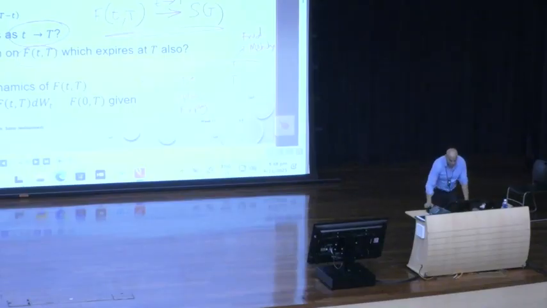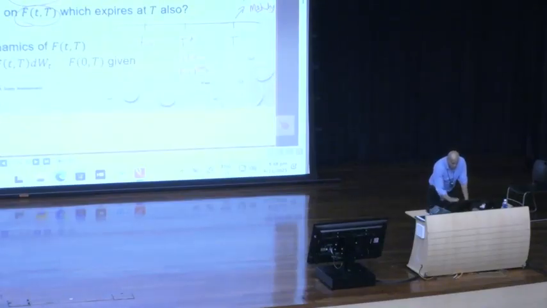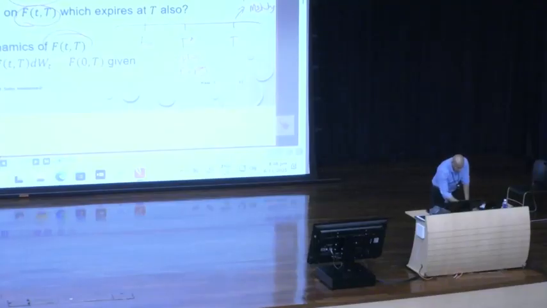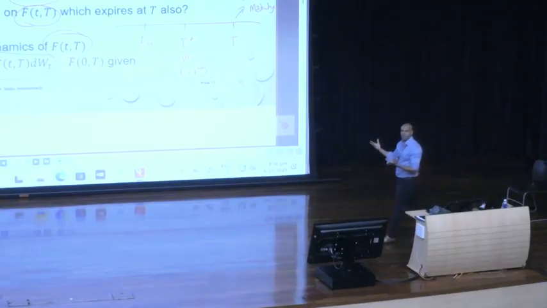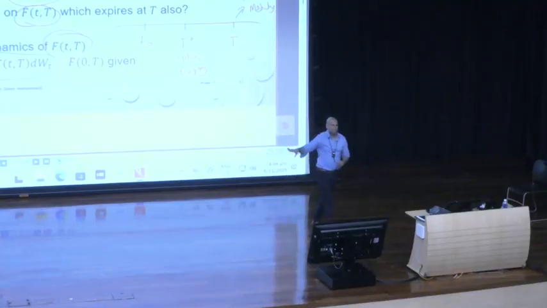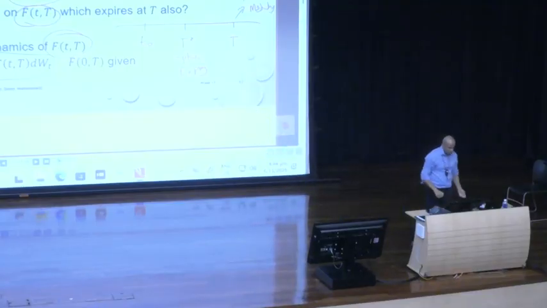What are the dynamics of F? It turns out this is the neat part. The dynamics are just that. No drift. That r that I had disappears. Now how do we get this?